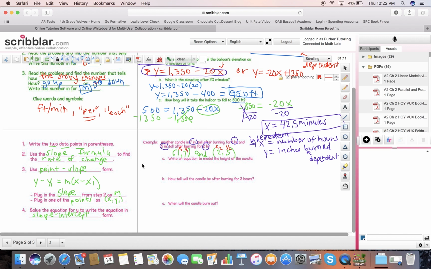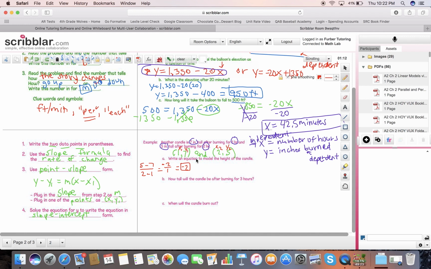Okay, so the slope formula is y2 minus y1 over x2 minus x1. So y's are 5 minus 7. X's are 2 minus 1. 5 minus 7 is -2, and 2 minus 1 is 1. -2 divided by 1 is -2. We were right. It's going down 2 inches per hour.